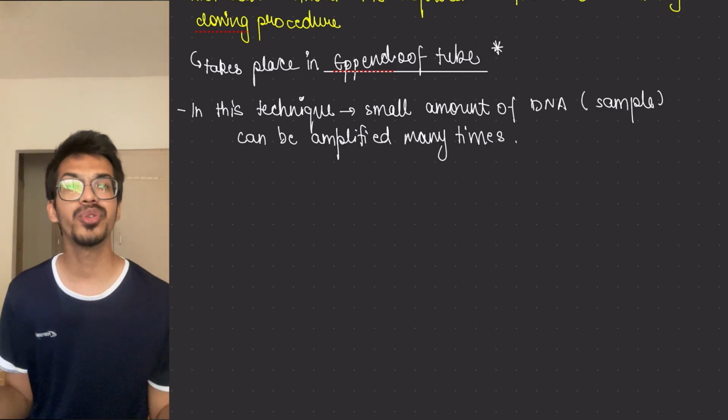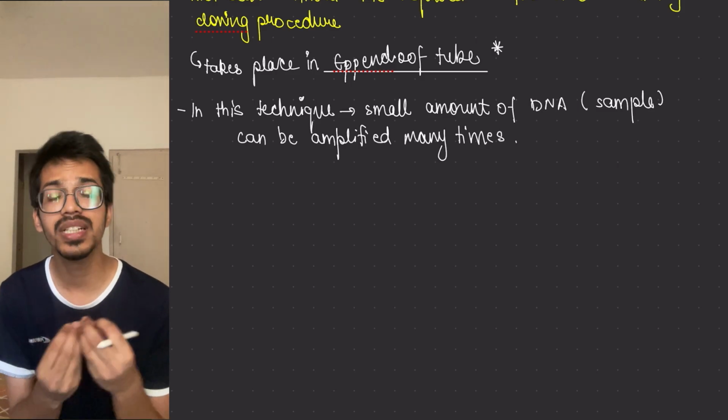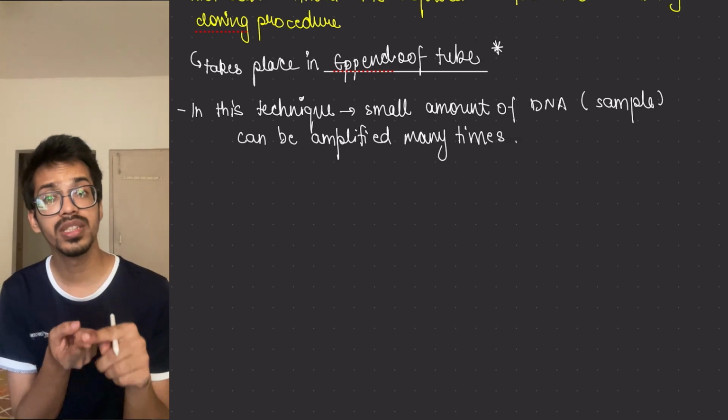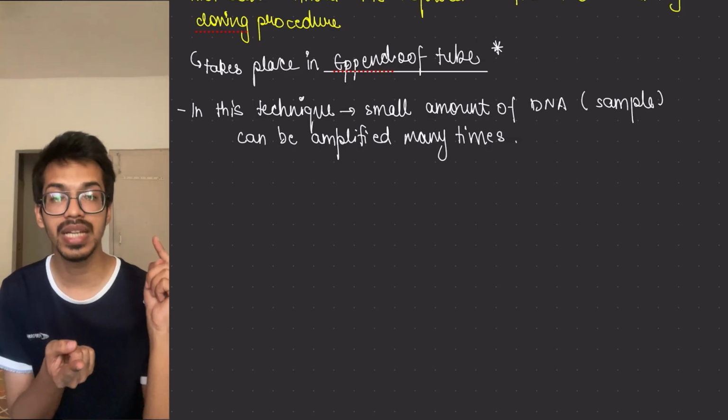The sample could be anything which has DNA present in it. So we can utilize this for DNA fingerprinting as well.